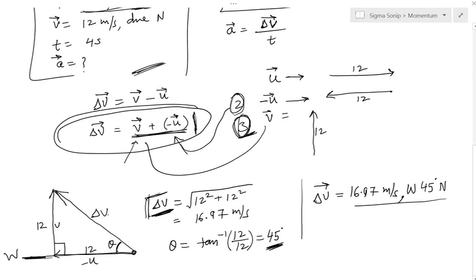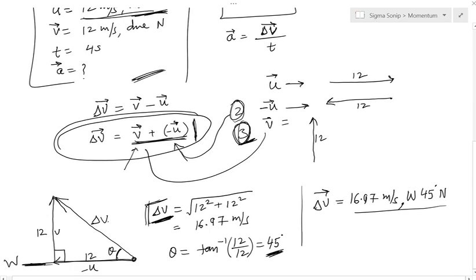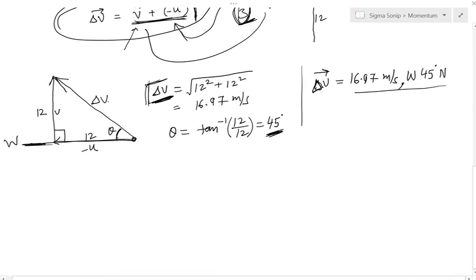And now, because the time for this change in velocity delta v was 4 seconds, I can find a is equal to delta v over t, which is equal to 16.97 meter per second divided by 4.